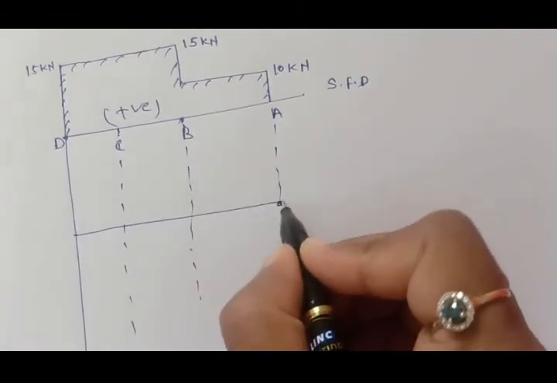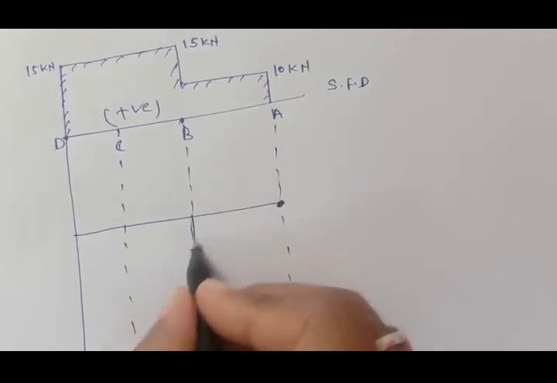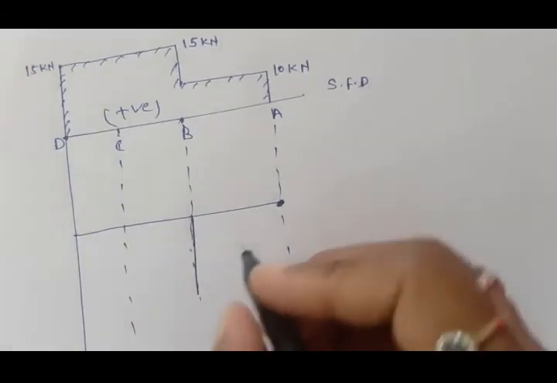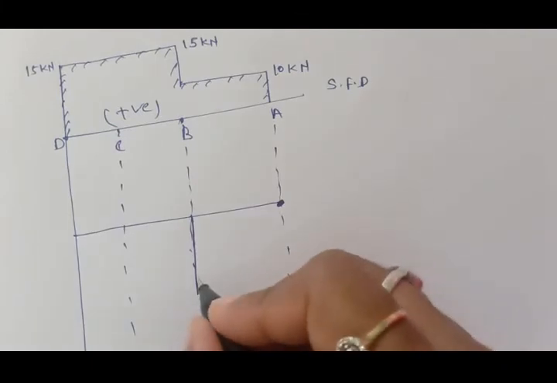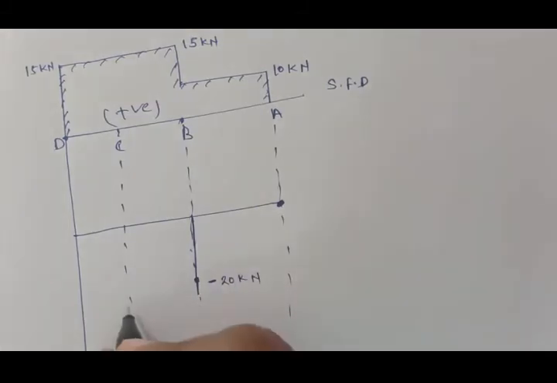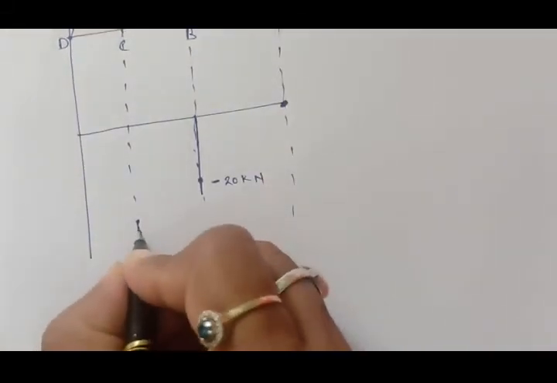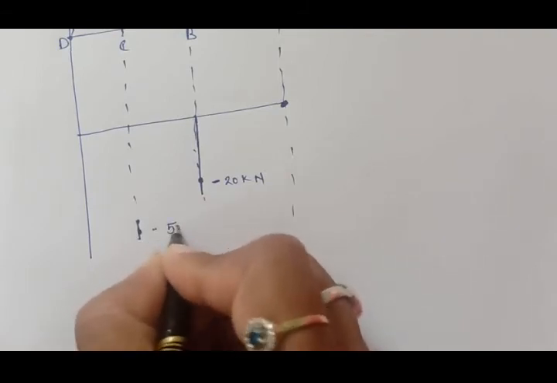At A the bending moment is 0, and then at B the value is minus 20 kilonewton meter. Then at C it is minus 50, so at C we draw minus 50.